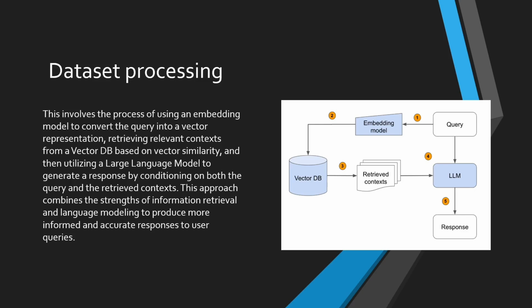Once the similar vectors are identified from the database, they are combined with the original user question. This combined input is then fed into a powerful language model. The language model uses this combined input to generate a final response or answer. By considering both the user's question and the retrieved relevant context, the language model can provide a more complete and accurate answer.